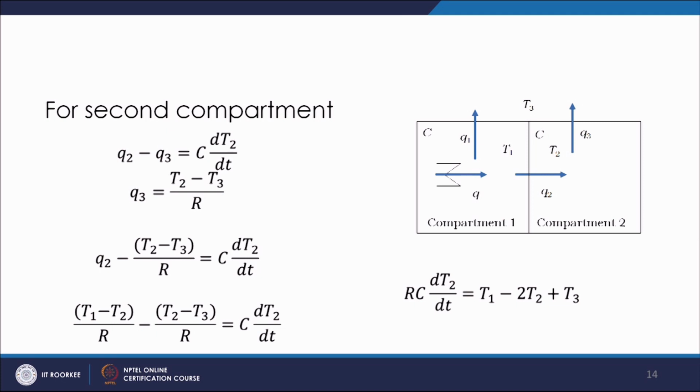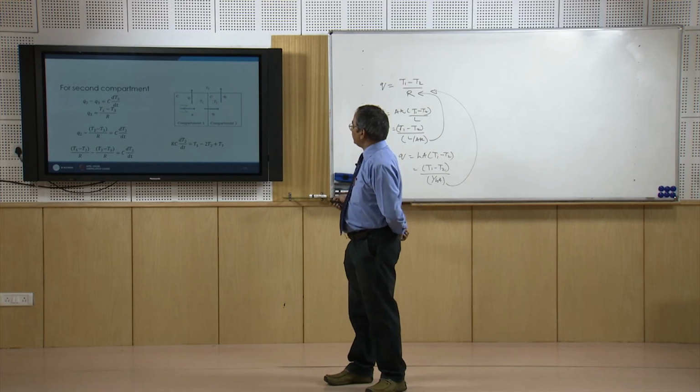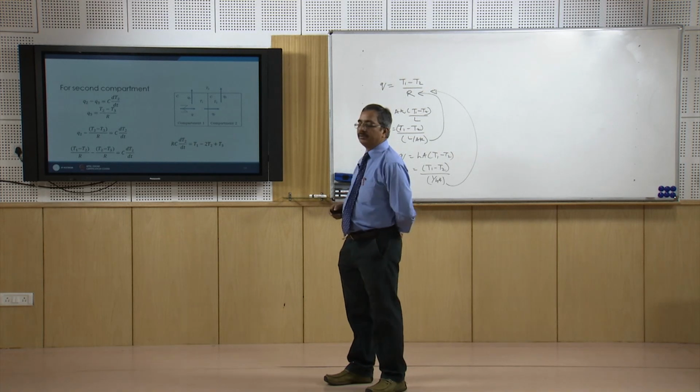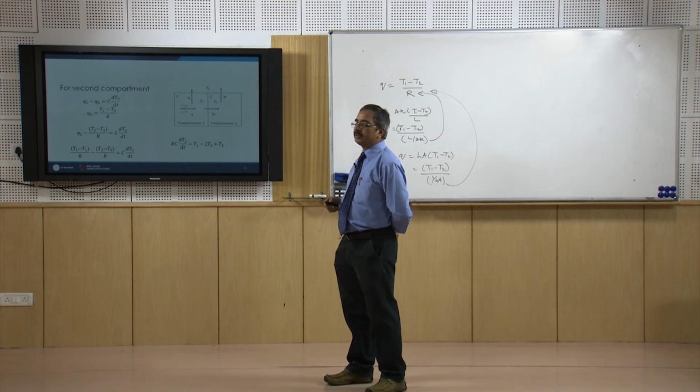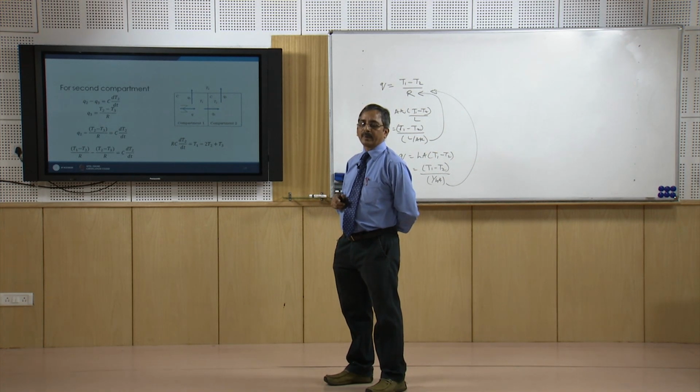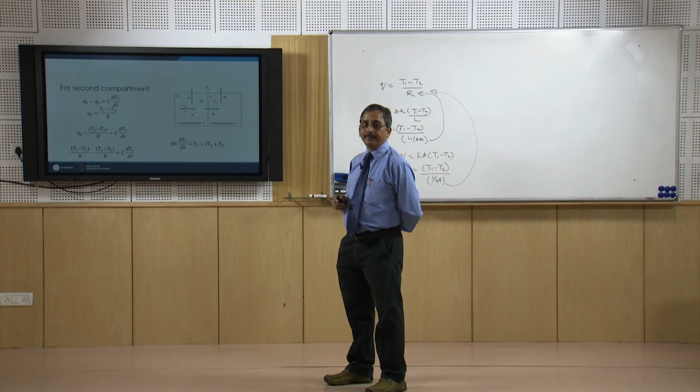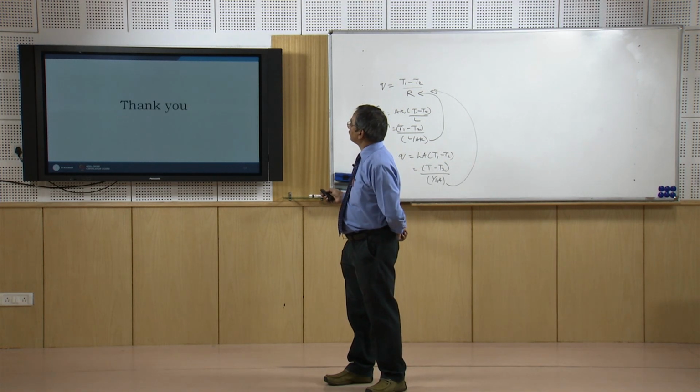This way I can find RC dT2 by dt is equal to, we have the T1 term here, then we have minus 2 T2 term, and then we have a T3 term. So, this expression tells you how the temperature of the second compartment is going to change with time. Fine, thank you.